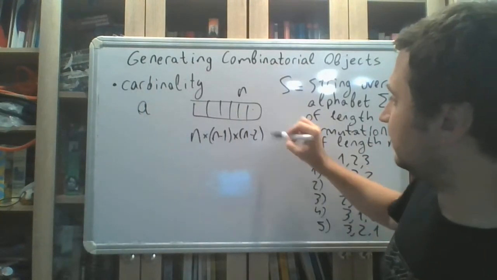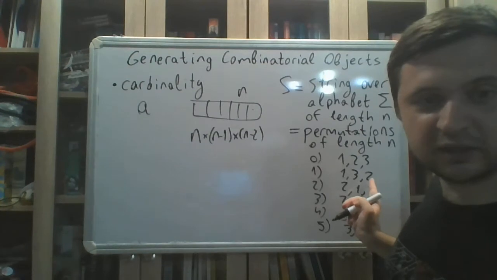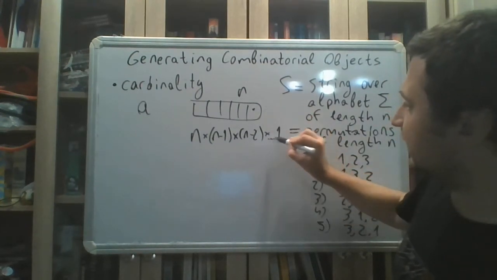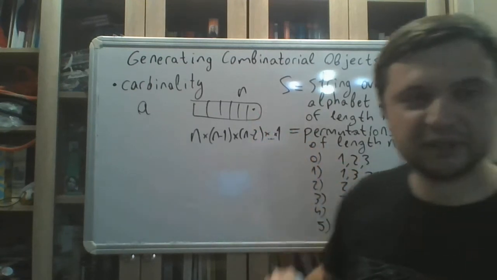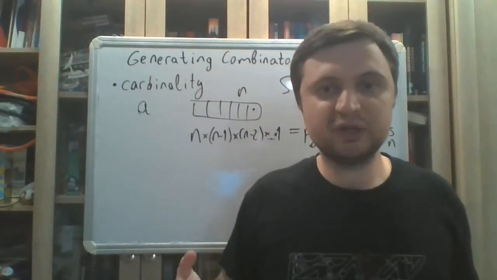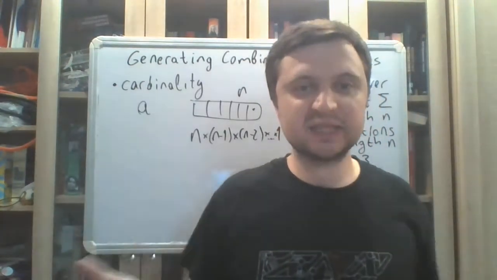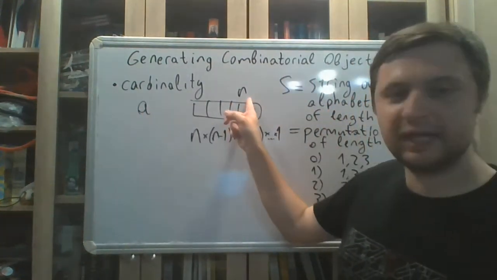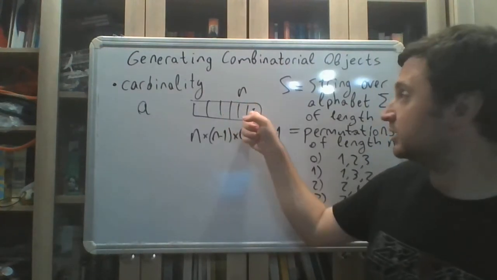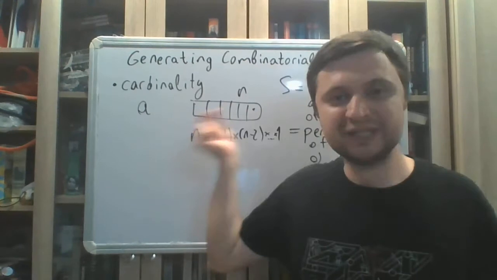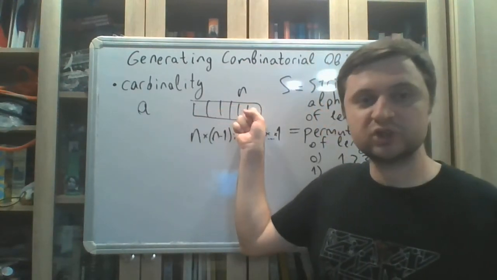And interestingly, as I have shown you over here, the last position has exactly one possibility to be filled in with, because you have used all the numbers from 1 to n except one in the previous n minus 1 positions. And so exactly one number is left over to be put over here.